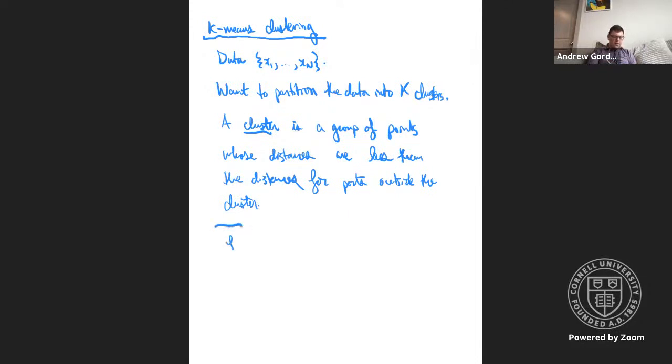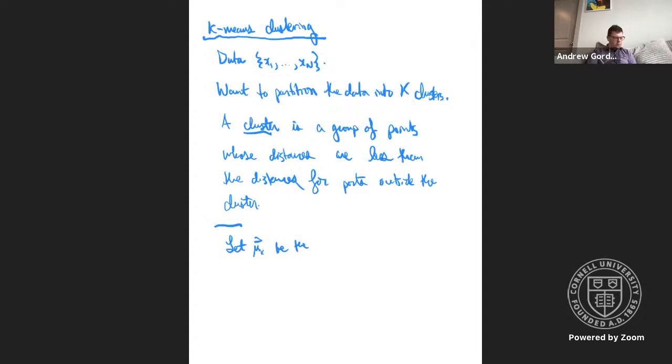Let mu k be the center. I'm going to be really careful about notation. There's big K, which is the total number of clusters, and little k, which is an index.